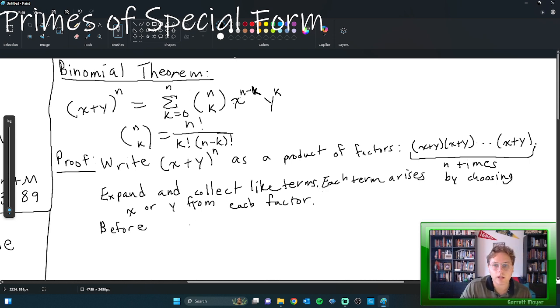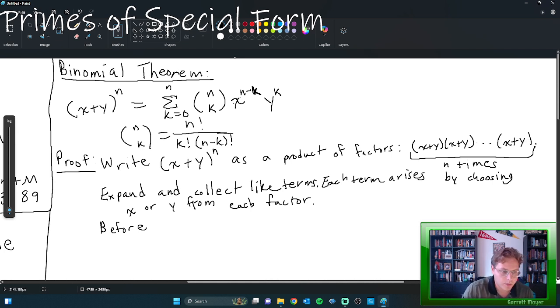Before you collect these as like terms, since you're choosing between one of two options, and you're doing that n times, you have two options here, two options here, and two options n times. So the number of terms is 2 times 2 times 2, n times, which is 2 to the n.